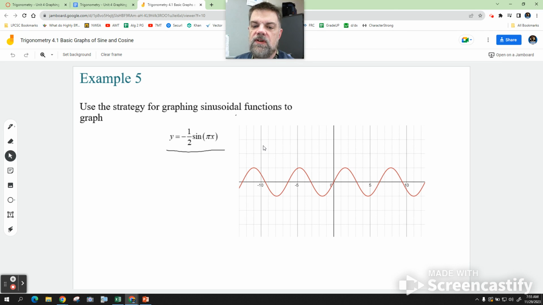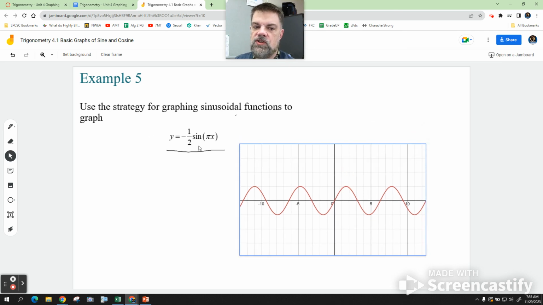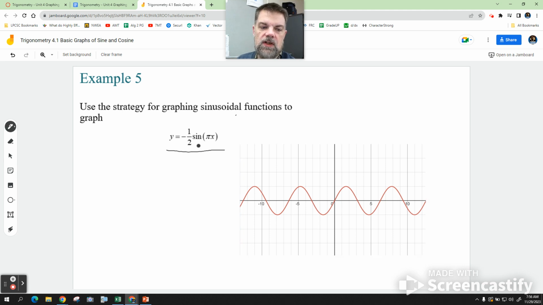But what we want to do is try to graph this function as a transformation of the parent function. Okay? Right now we're working with y equals A sine of B times x, where A equals negative 1/2 and B equals pi.